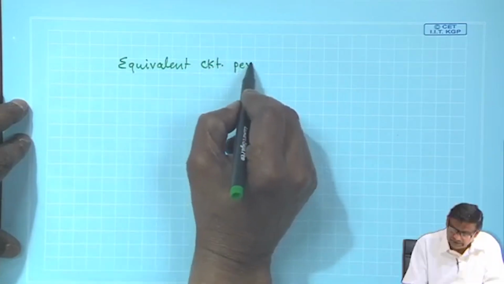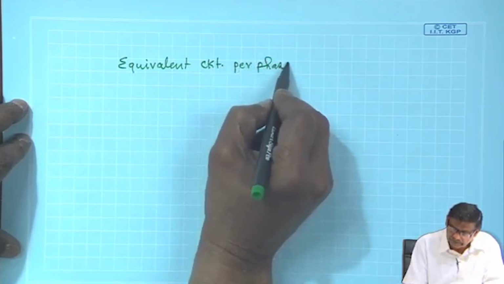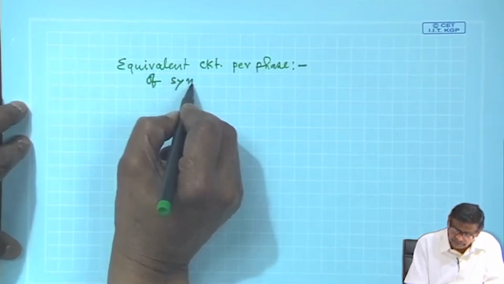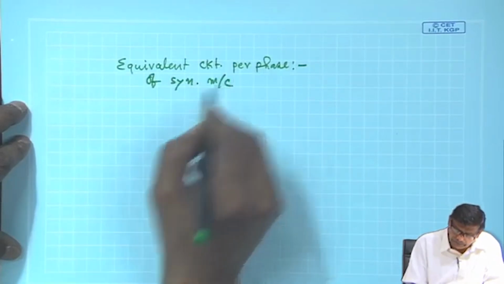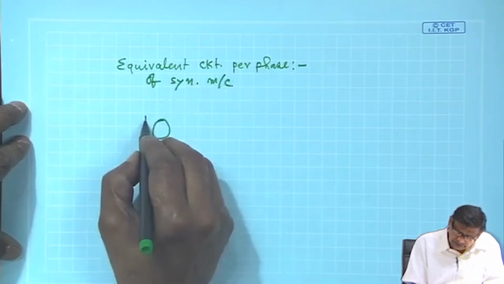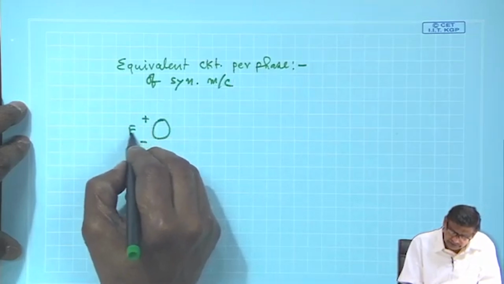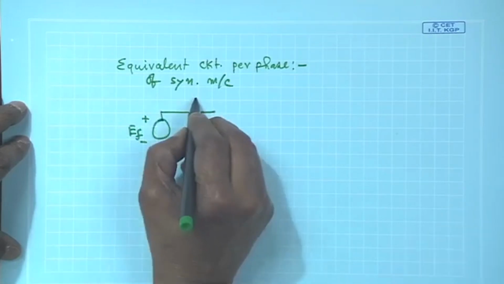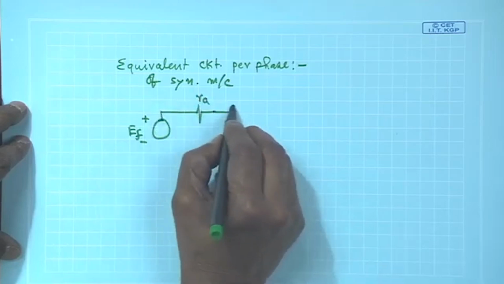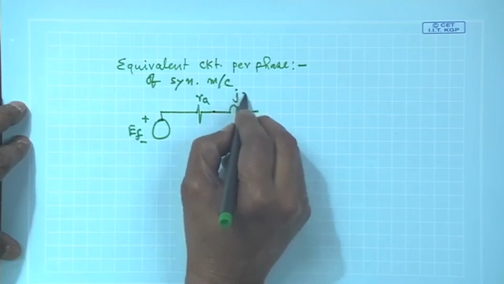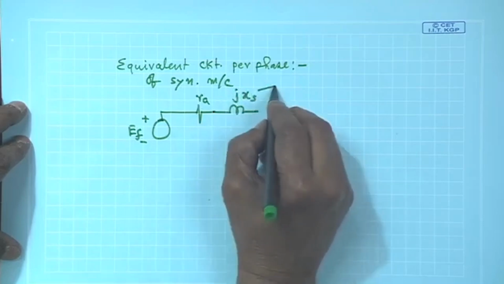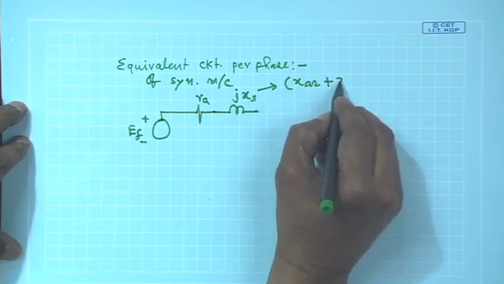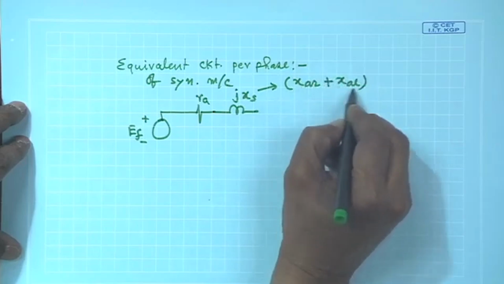The equivalent circuit per phase of synchronous machine will then look like the excitation voltage Ef and armature resistance RA and the synchronous reactance Xs. Mind you, Xs always recall it is equal to XAR plus XAL leakage.